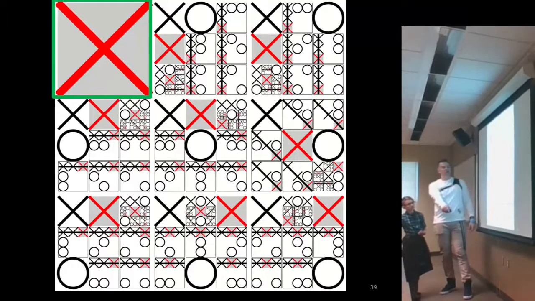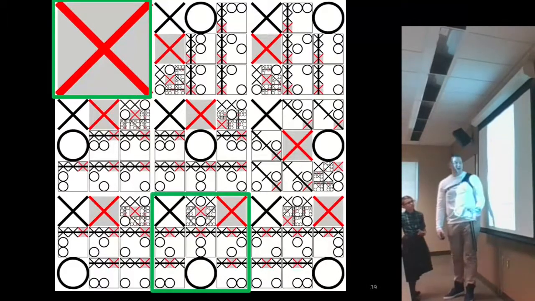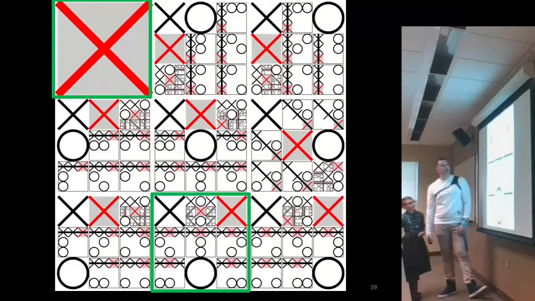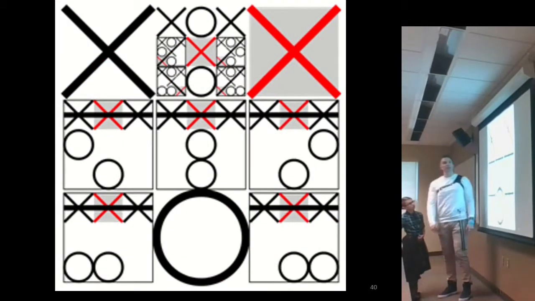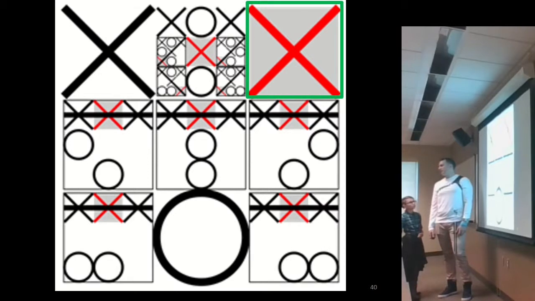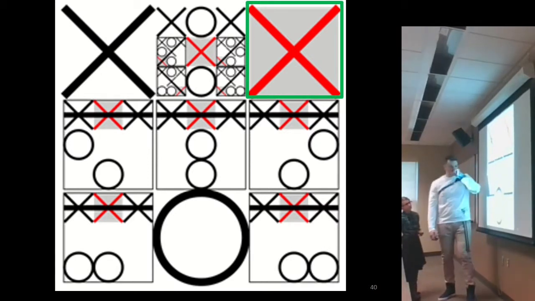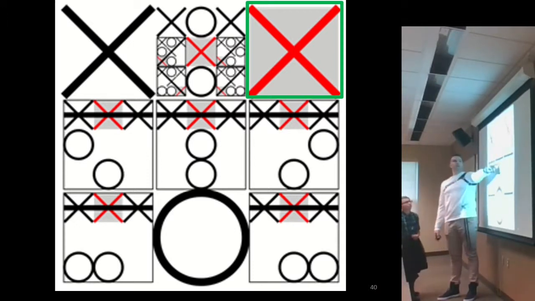So if O moves down here into this area, then you fall into this square. We can zoom in on that. And if this is where you went first and this is where O went next, your best move is to go to that top corner. And then if you go to the top corner and O goes anywhere else but here, well, then your next move is that you win.